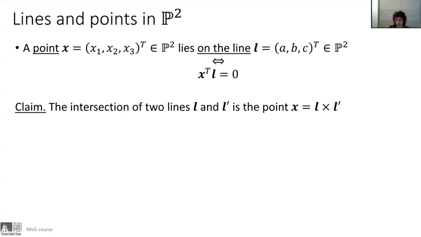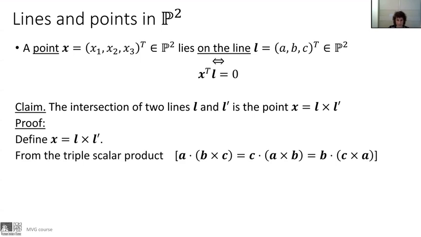The intersection of two lines, L and L prime, is the cross product between L and L prime. It's very easy to show using the triple scalar product. The claim is that if I have two lines, L and L prime, the intersection between them is the cross product between them. How do we prove it?